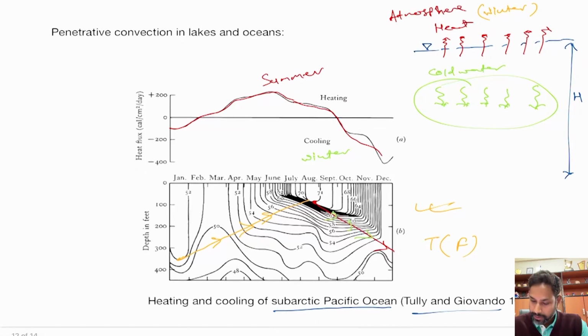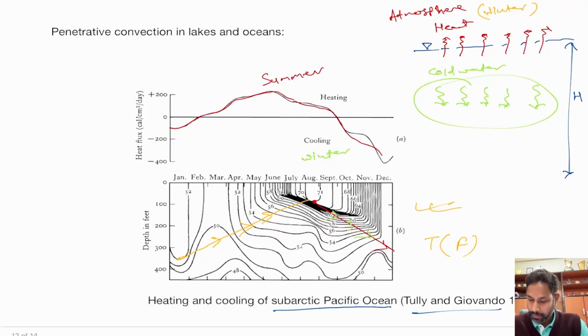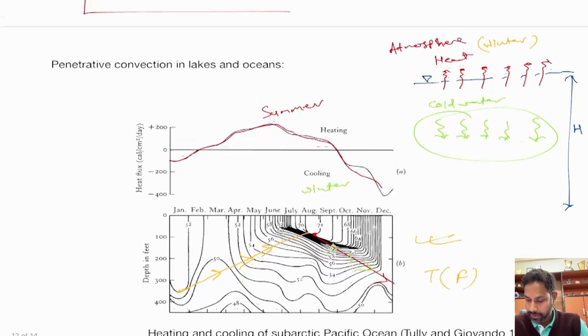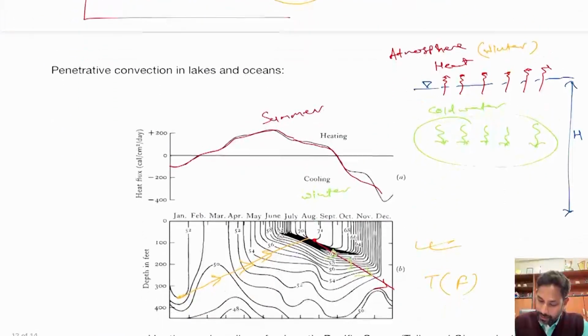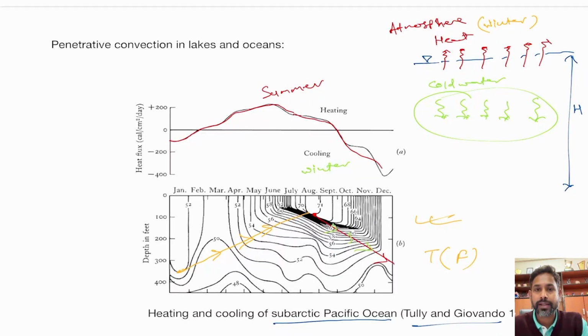Okay, so this penetrative convection that we are talking about happens both in case of lakes and oceans and also in case of atmosphere. Just the reverse happens in atmosphere. So atmosphere, it happens during the summer season or during the daytime, right, when the bottom surface starts heating up, whereas in case of lakes and oceans, this convection, penetrative convection, happens during either at night or winter season.